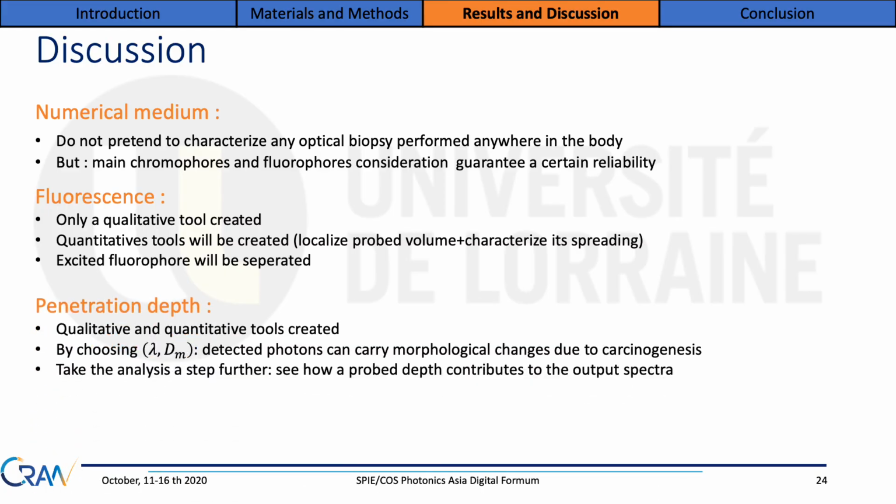Finally, the result obtained for the depth of penetration of the detected photon showed the sensitivity, for a chosen wavelength and source detector distance, of the diffuse and autofluorescence spectra to morphological change due to carcinogenesis. The logical continuation is then to study how a probe depth contributes to the output spectra.